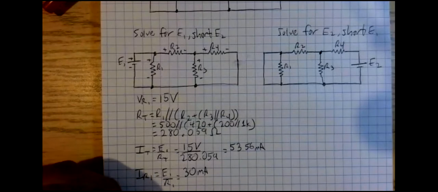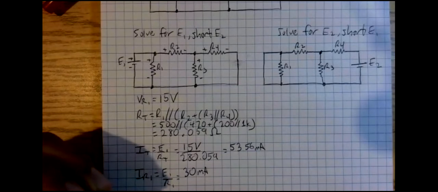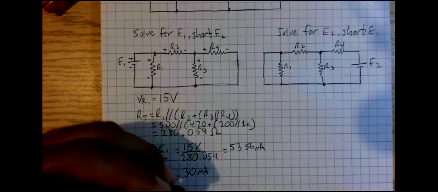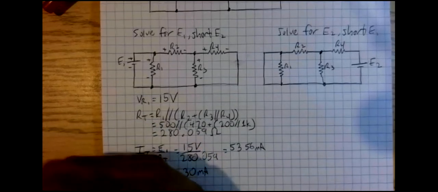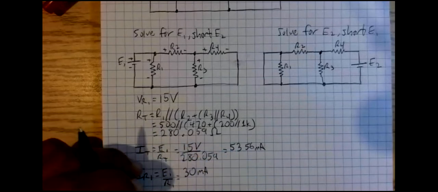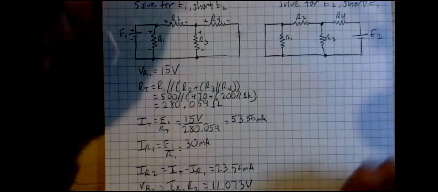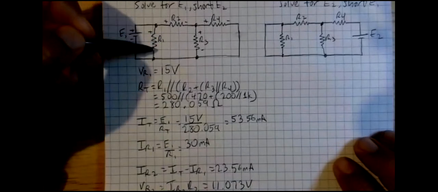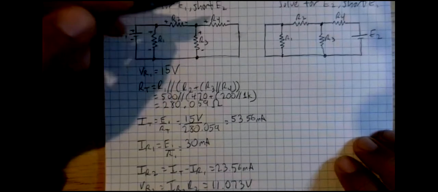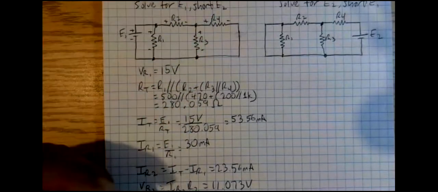So VR2 is going to equal IR2 times R2, and that turns out to be 11.073 volts. And if we know VR2 and we know VR1, we can use Kirchhoff's law here to calculate VR3, which is also the same as VR4.